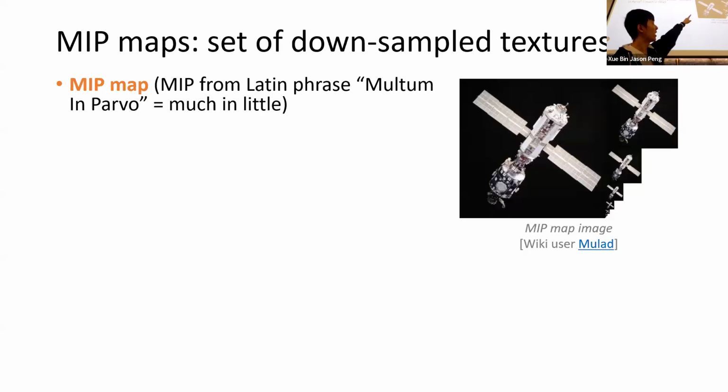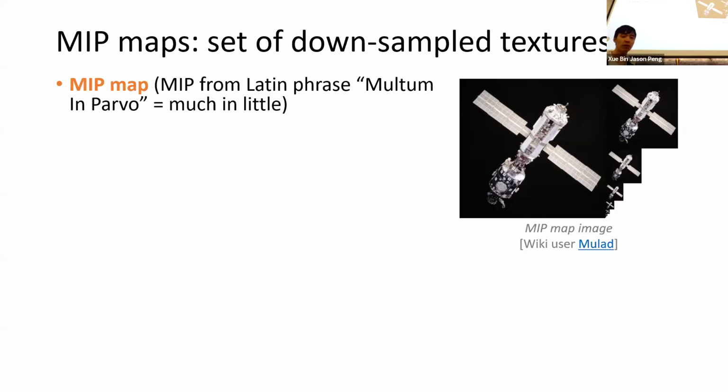So for every texel in the smaller image, this corresponds to an average of a 2x2 region of texels in the original image. And as we construct smaller and smaller versions of this texture, every texel will correspond to an average of a larger and larger region in the original texture. If we get down to a texture with just a single pixel, this corresponds to a texture where the texel just becomes the average color of the entire texture.